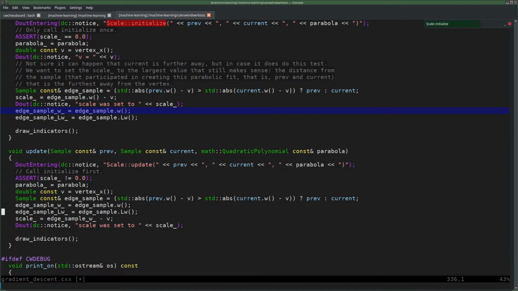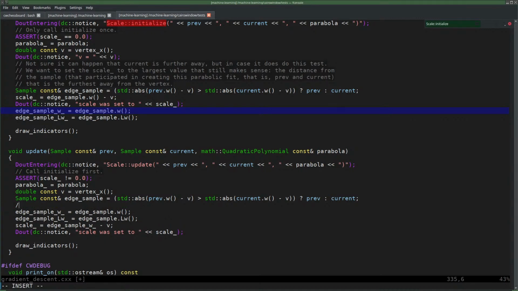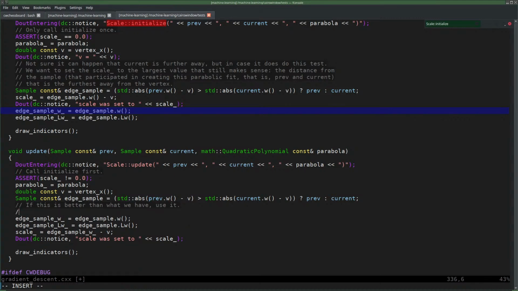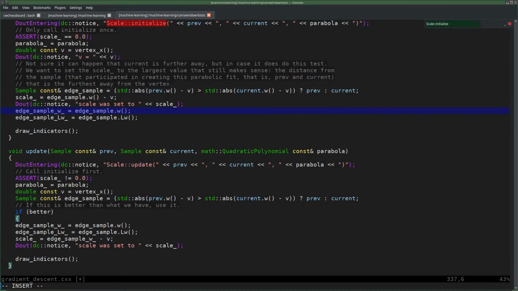Yeah, I want, that's it. I want to update these two if this one is better than the one I had. So if this is better than what we have, use it. So if better, use it.